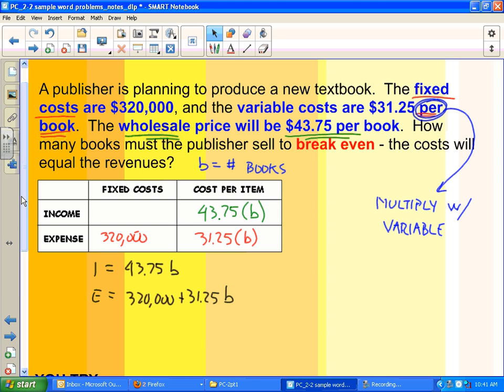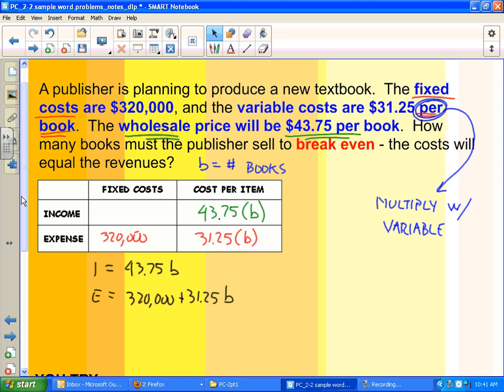How many books must the publisher sell to break even? Make them equal to each other.